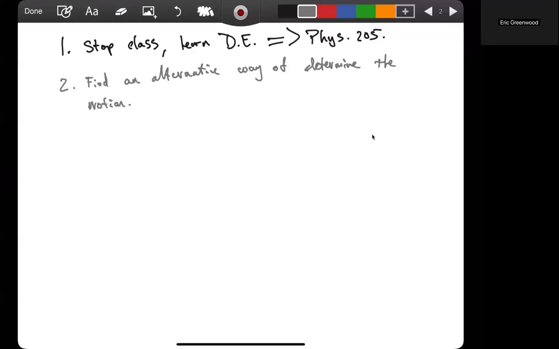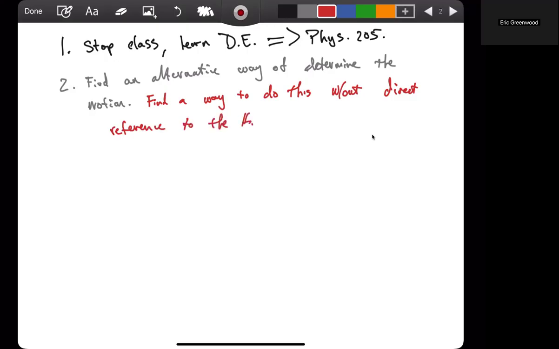We have to do that in an alternative way, one that doesn't depend on kinematics or the acceleration. So we want to find a way to do this without direct reference to the kinematic equations, nor Newton's laws.